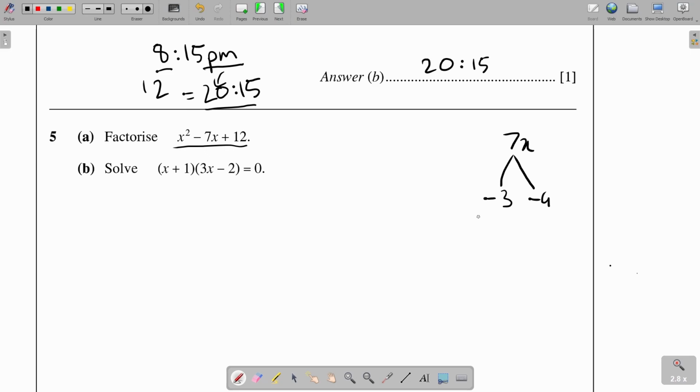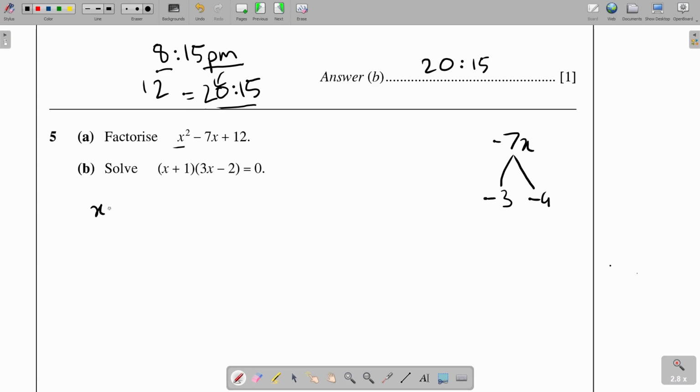There are multiple methods of figuring this out, and I'll probably make a video about factorization. But for the most part, you take the middle term and you break it into two terms that add up to make the middle term again, and multiply to make this term. So with that being said, these two multiply to make 12, and they add up to make -7, because that is a minus there.